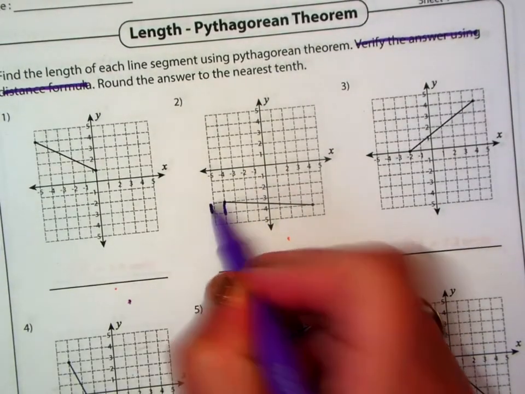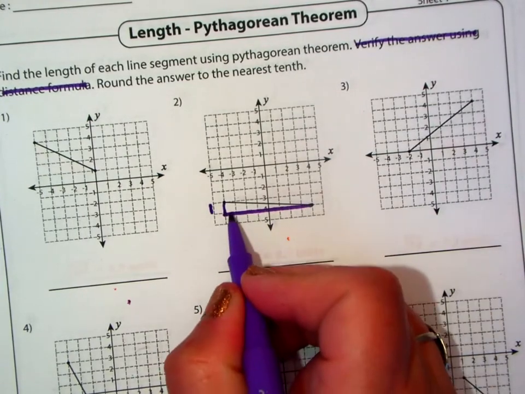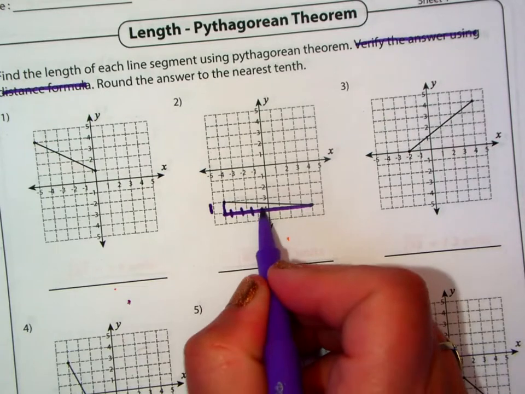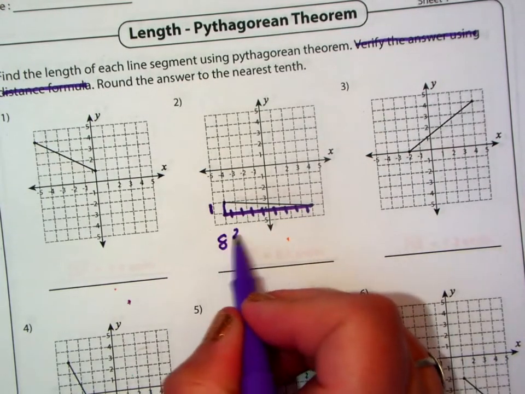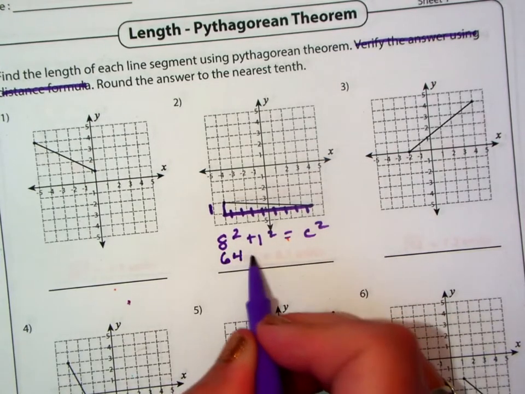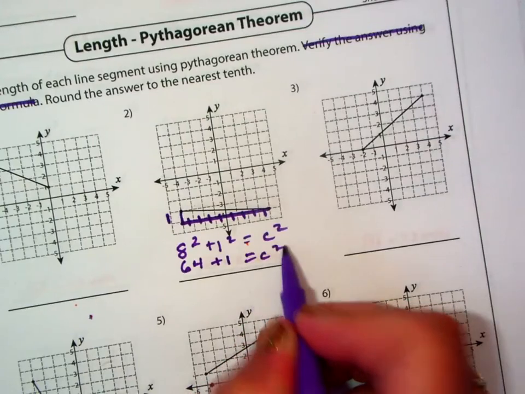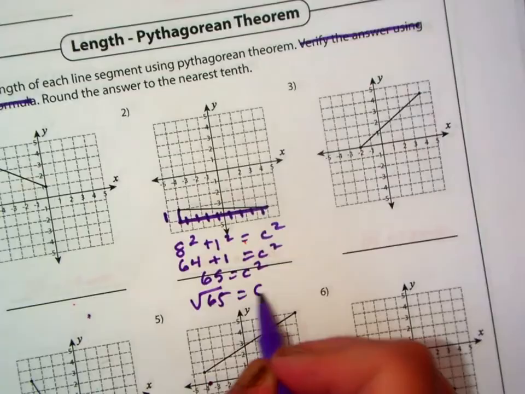So here's 1, that distance is 1, and for this distance I'm just going to count out 1, 2, 3, 4, 5, 6, 7, 8. So I would do 8 squared plus 1 squared equals c squared. 8 squared is 64, 1 squared is just 1, so 65 equals c squared. The square root of 65 would then be c.